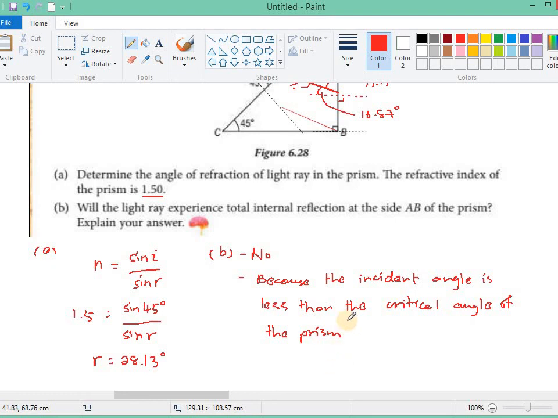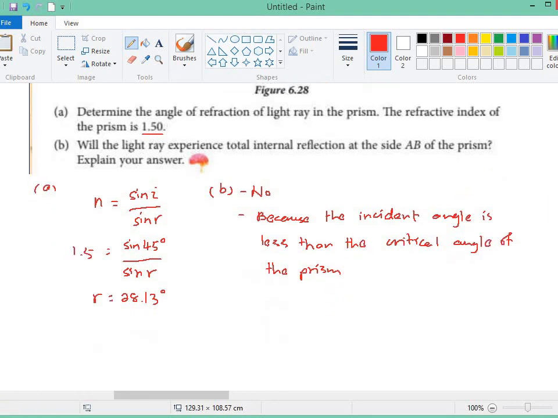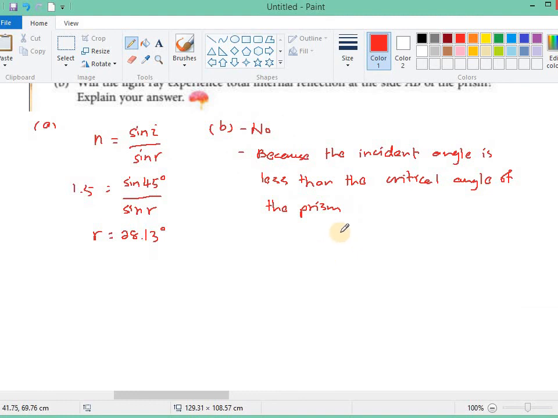We can calculate the critical angle of the prism to prove it. The refractive index, 1 over sine C, is 1.5.